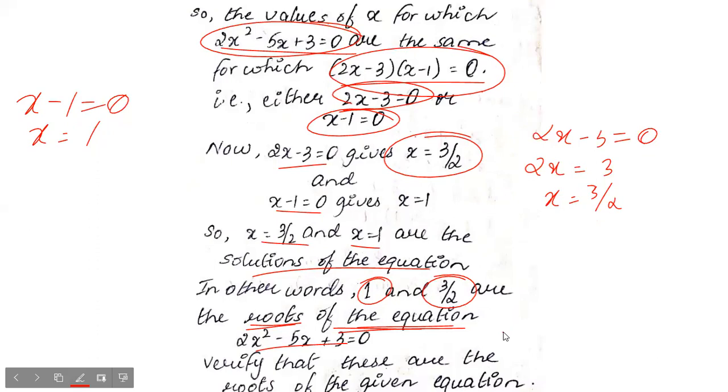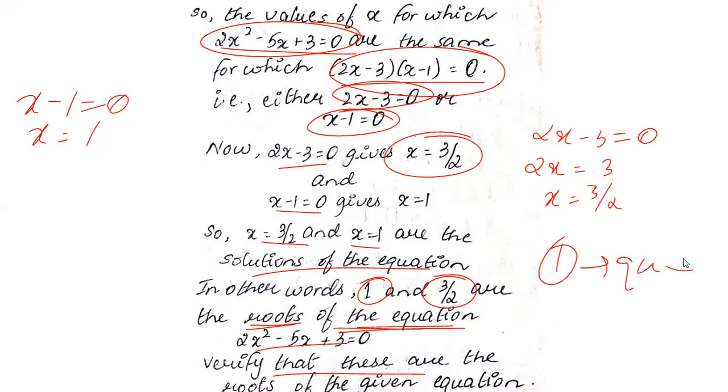Verify that these roots give back the same equation. If you substitute 1 in the above quadratic equation, you will get back 0. And if you substitute 3 by 2 in the quadratic equation, you will get back 0.